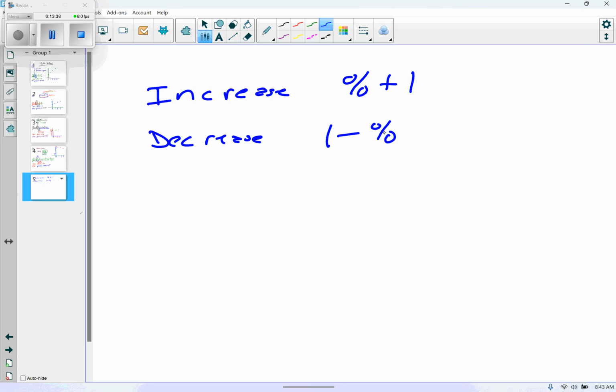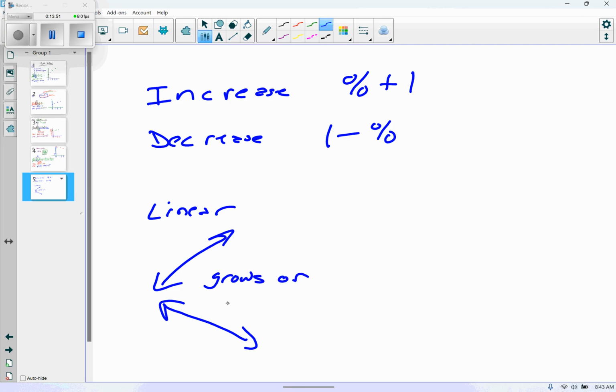Linear are, so linear makes a straight line. Okay, it could go up or down, doesn't matter. If it's a straight line, it grows or shrinks at the same rate. If it's geometric, which they're now going to call exponential.